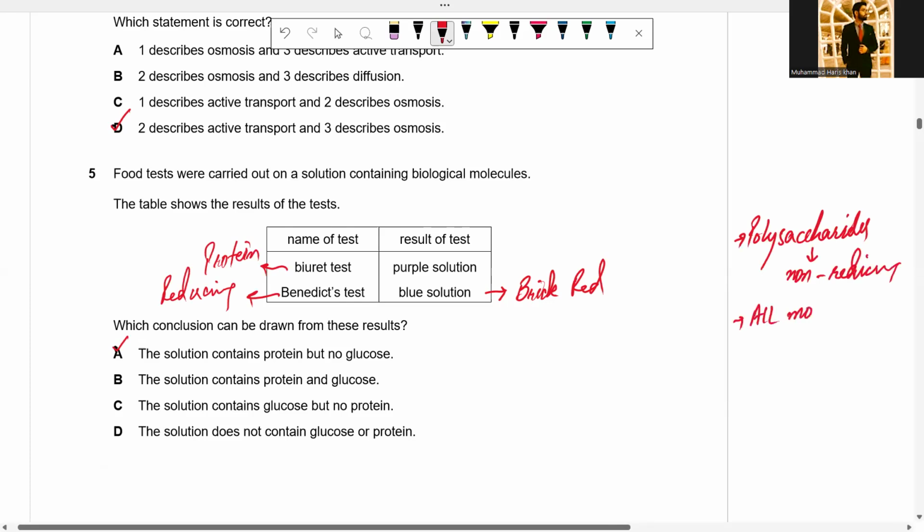All monosaccharides plus all oligosaccharides, or you can just say disaccharides, except sucrose, are reducing.